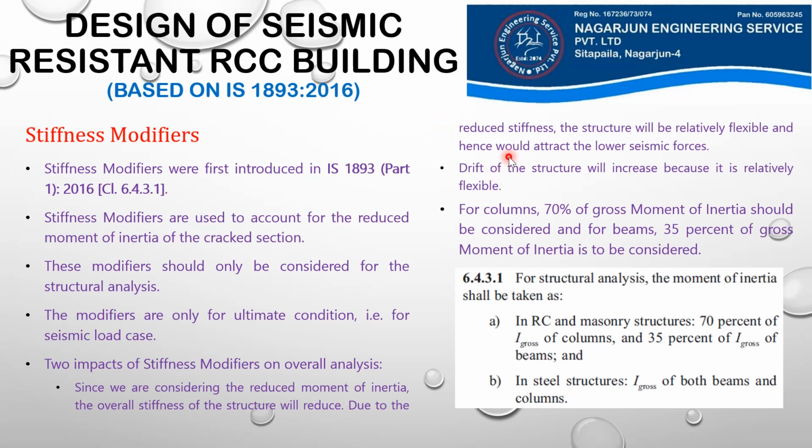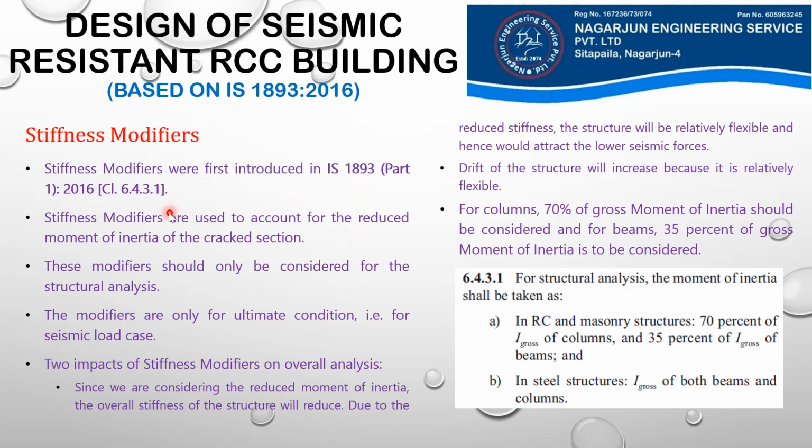Another effect of introducing stiffness modifiers is that the drift of the structure will increase because it is relatively flexible. While the structure attracts lower seismic forces, the effect can also be seen in the increased drift of the building. These two are the major impacts of stiffness modifiers on the overall analysis.